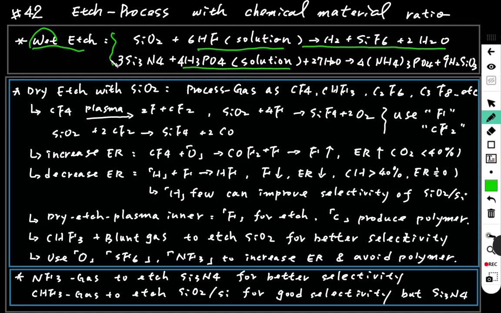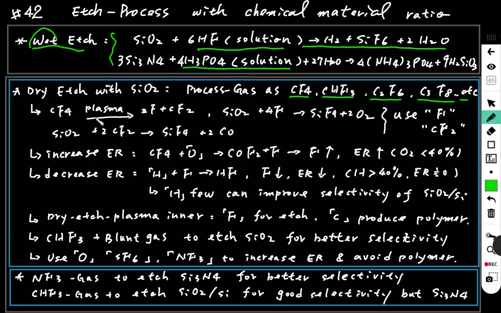Now the dry etch, etch with silicon oxide. The process gas to flow the plasma to etch as CF4, CHF3, C2F6, and so on.